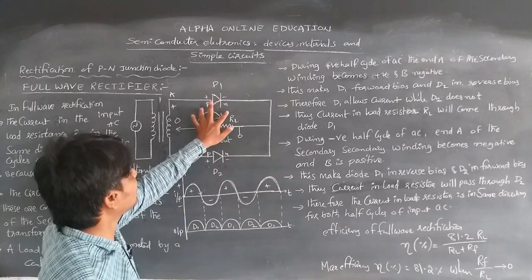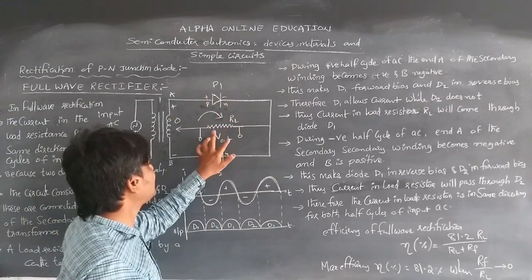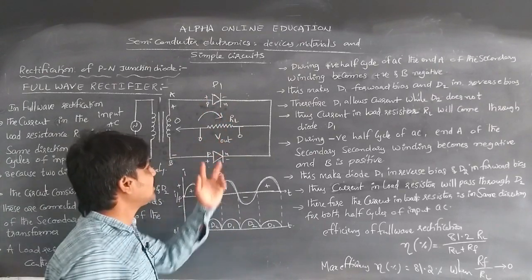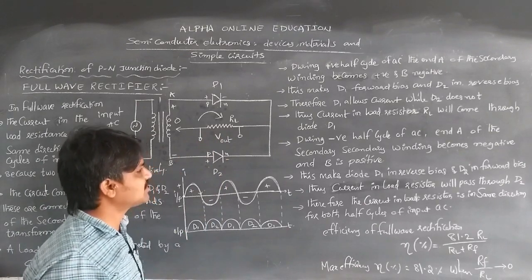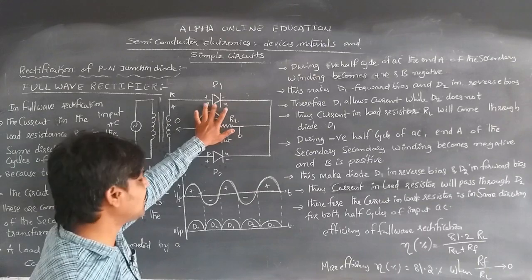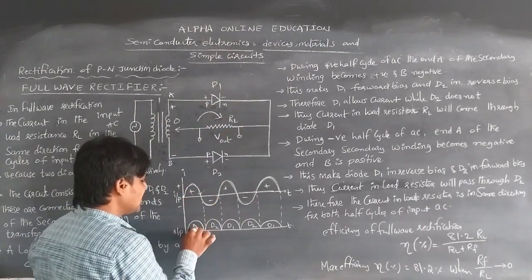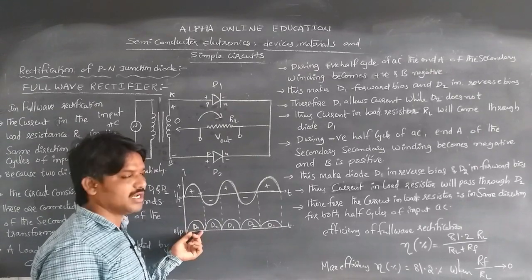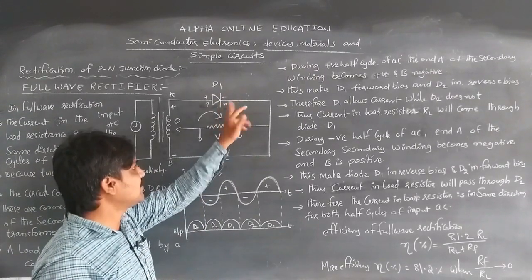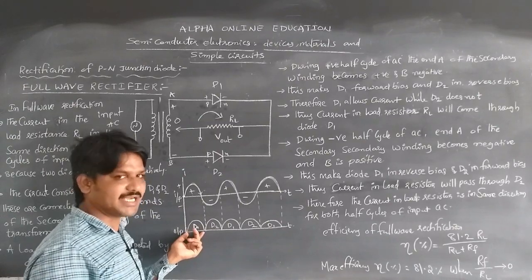So the current flows through the D1 diode, and the output at the load resistor is obtained through the current passing through D1, giving the positive half cycle output.